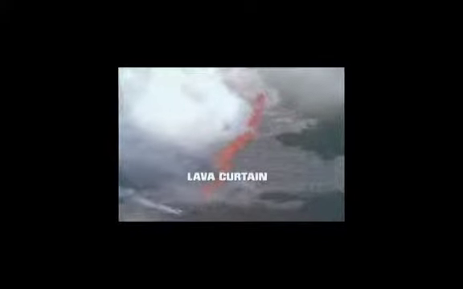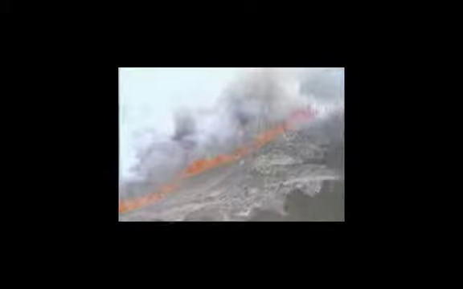Lava can also erupt through cracks in the ground, creating walls of fire, sometimes called curtains. A lava curtain can sometimes be more than a mile long and reach heights of over 150 feet.